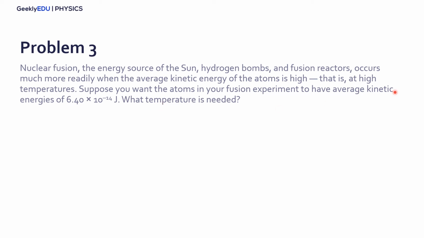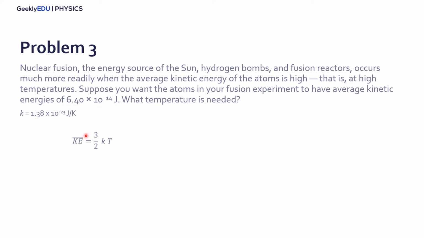Well, we always associate the kinetic energy with velocity, with speed. But we saw with the kinetic theory that we can associate it with the temperature. So we can use the temperature to calculate the kinetic energy, or the opposite.